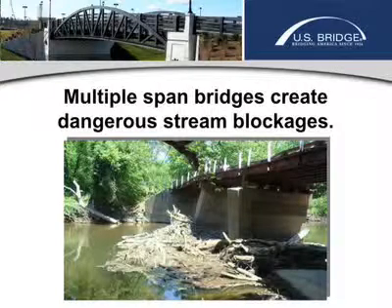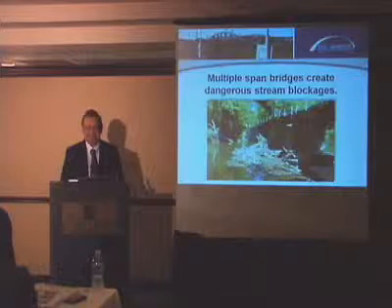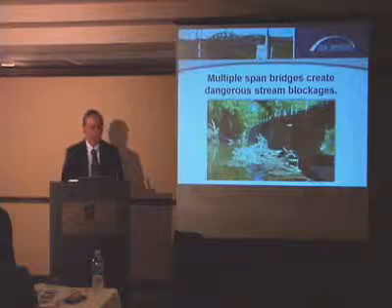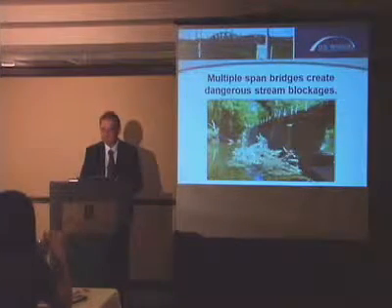Now, the reasons we want you to build some truss bridges. This is a little bridge down in Virginia near Washington, D.C., leading to a housing development. They call it Crooked Bridge Road. They built this multiple span beam bridge, and the flood debris moved the piers.